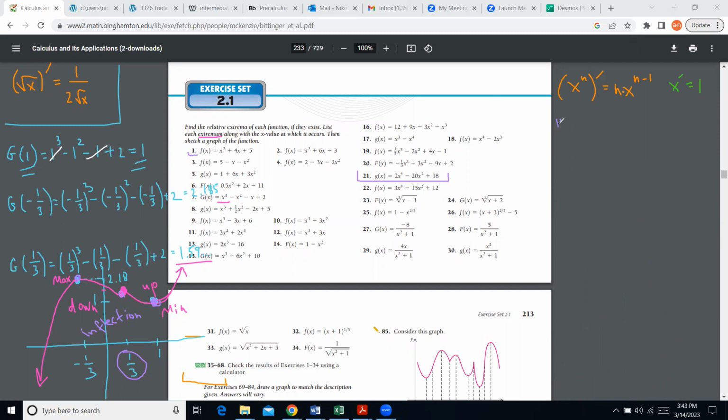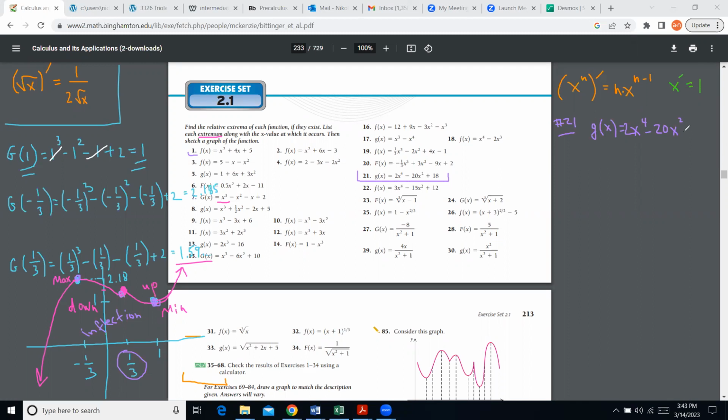So let me try number 21. So we have a function g of x. Now the largest power is 4. How about that? 2x to the power of 4 here. And also minus 20 multiplied by x to the power of 2.